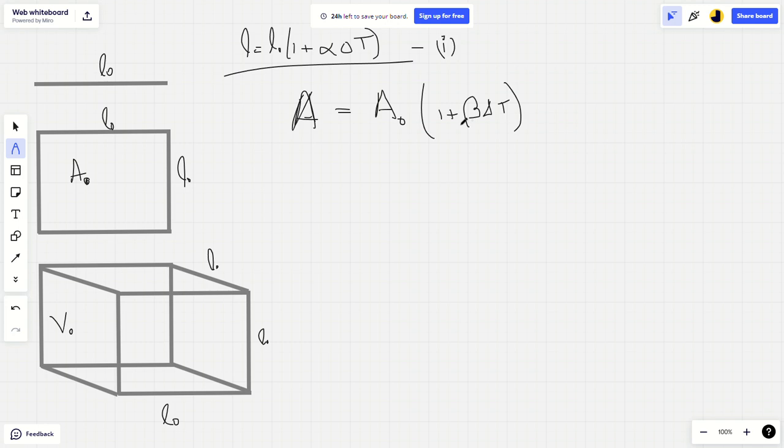We already know that from the coefficient of superficial expansion, but we also know that area is equal to L square, right? So we can write here that L square is equal to A0 (1 plus beta delta t).